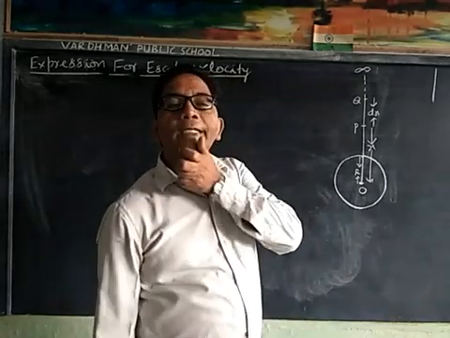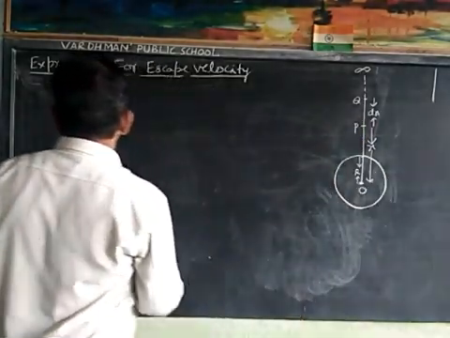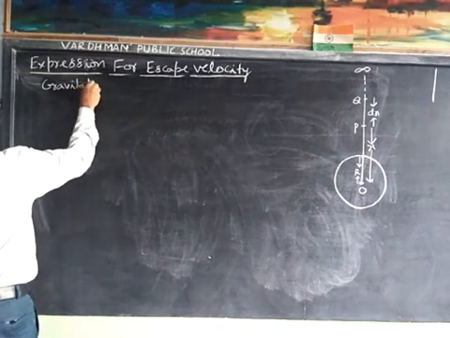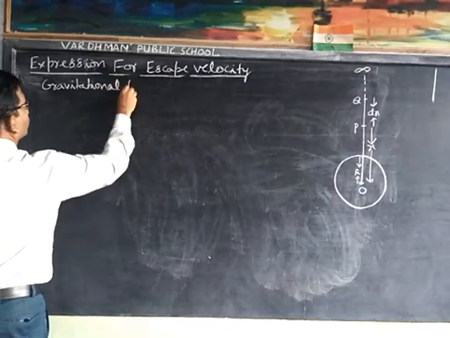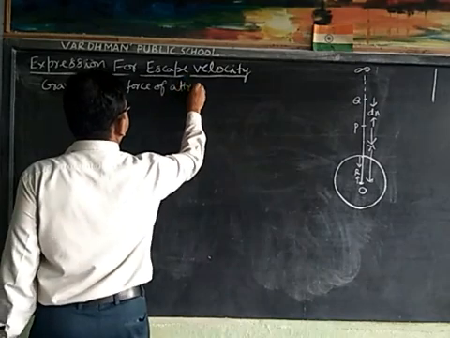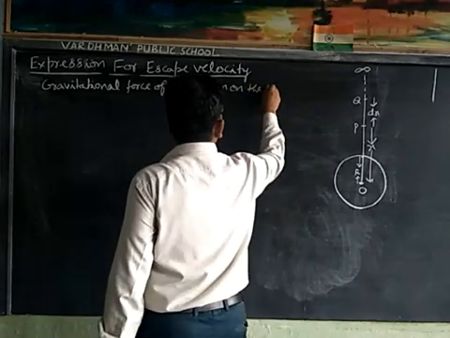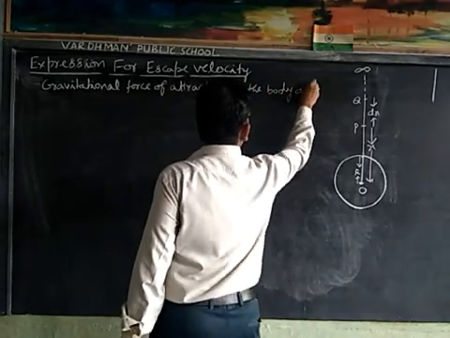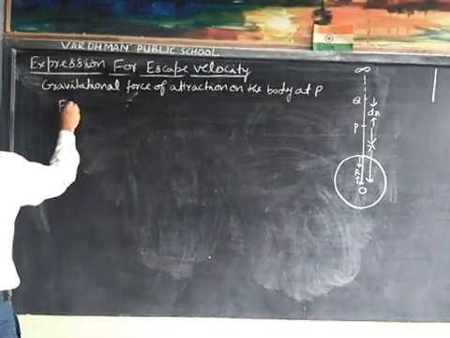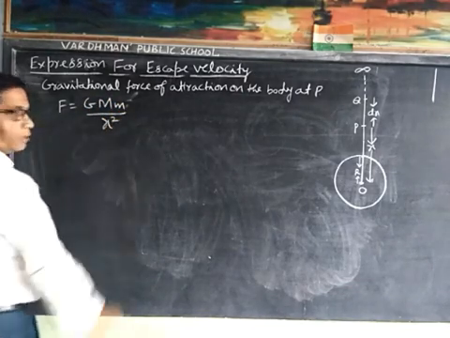Now, gravitational force of attraction on the body at P. We know F is equal to GMm upon x square.